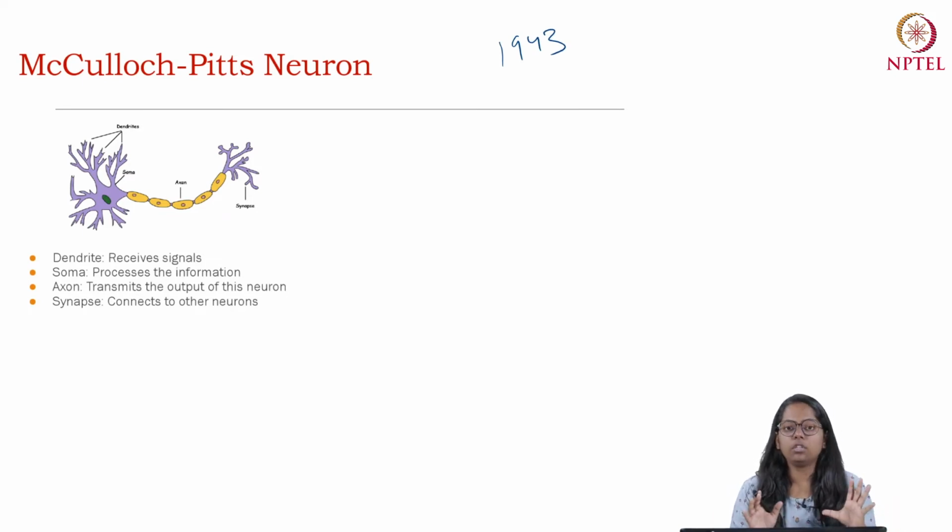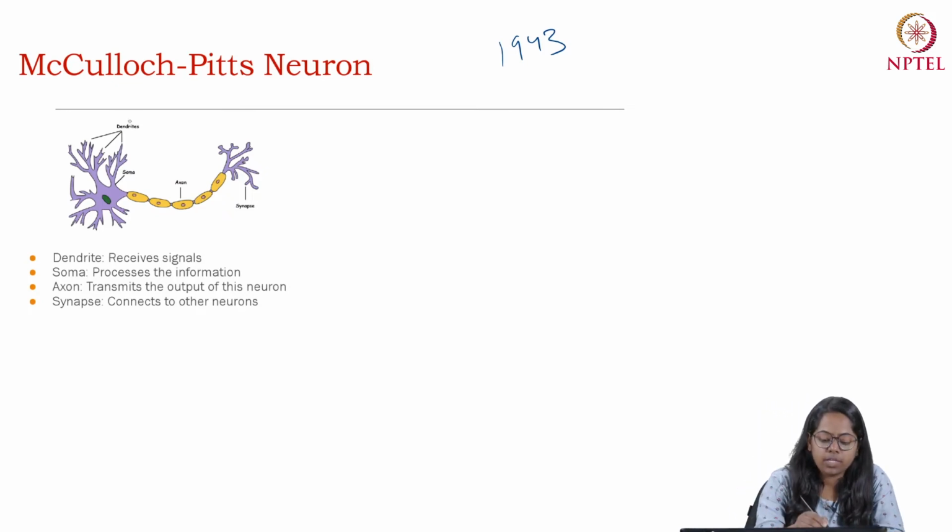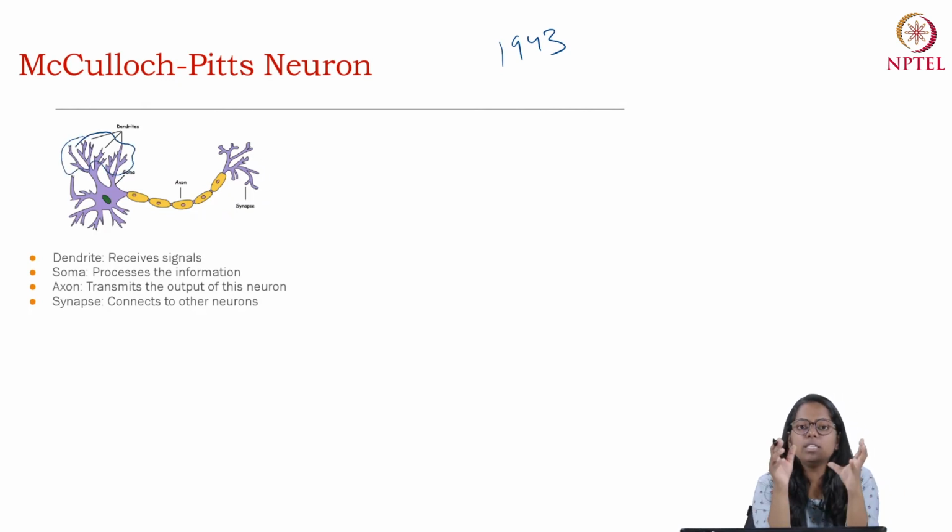In a normal biological neuron, there are basically four most important parts. For example, the first part is the dendrite. These are the ends of the neuron which receive the signal from, say, other neurons or from some stimuli, for example the eyes, our nose or our ears.